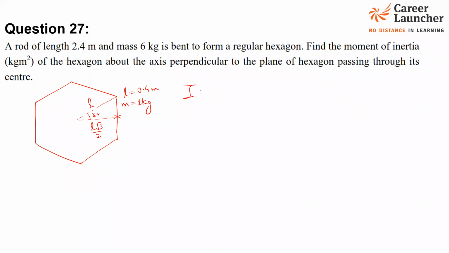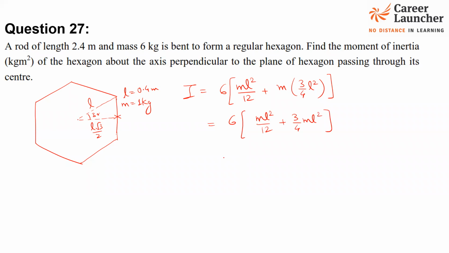So my moment of inertia would be ml square by 12 plus m into the square of this. So this is 3 by 4 L square. Now this should be multiplied with 6 because there are 6 of them, right? So 6 times ml square by 12 plus 3 by 4 ml square.